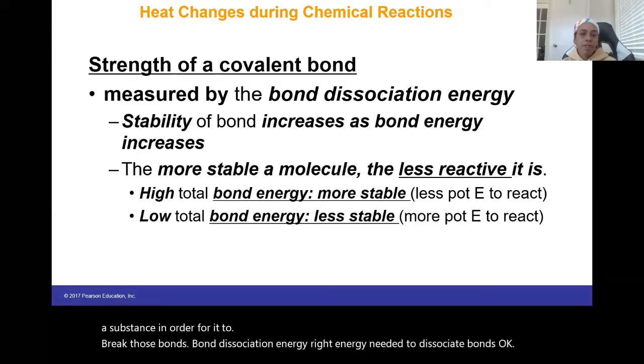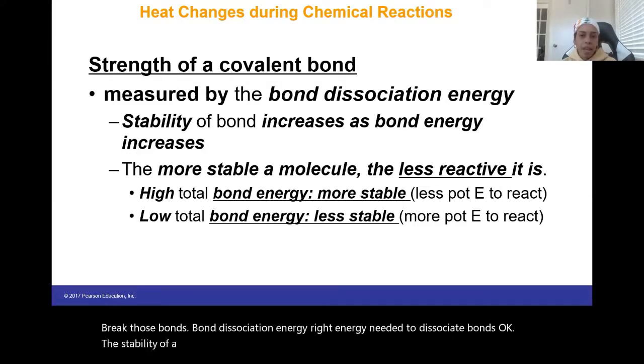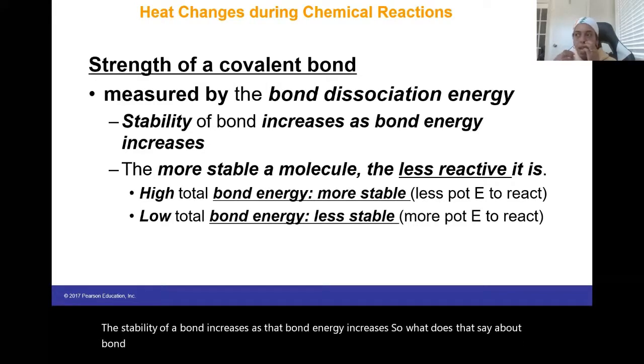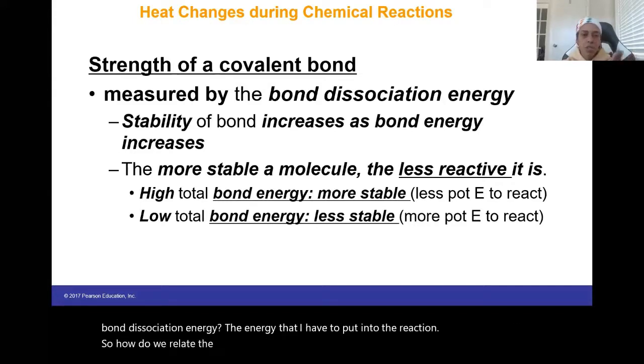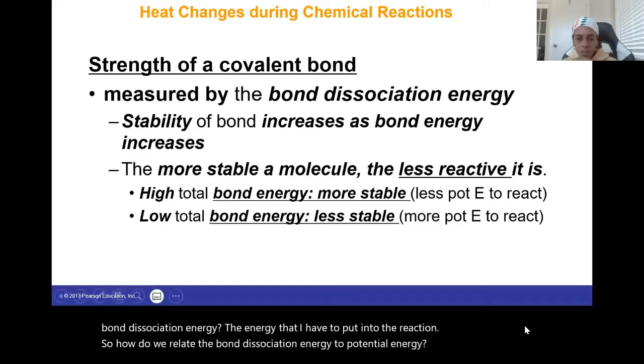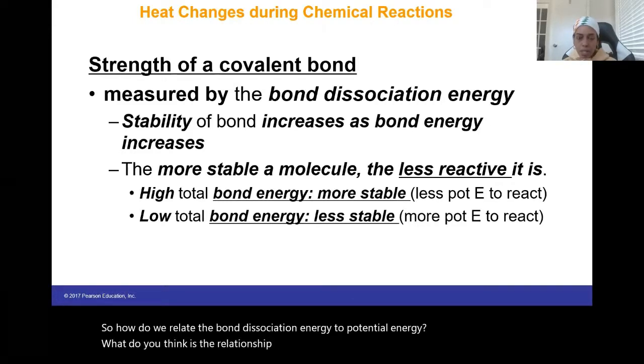The stability of a bond increases as that bond energy increases. So what does that say about bond dissociation energy? The energy that I have to put into the reaction. So how do we relate the bond dissociation energy to potential energy? What do you think is the relationship between the bond dissociation energy and the potential energy?